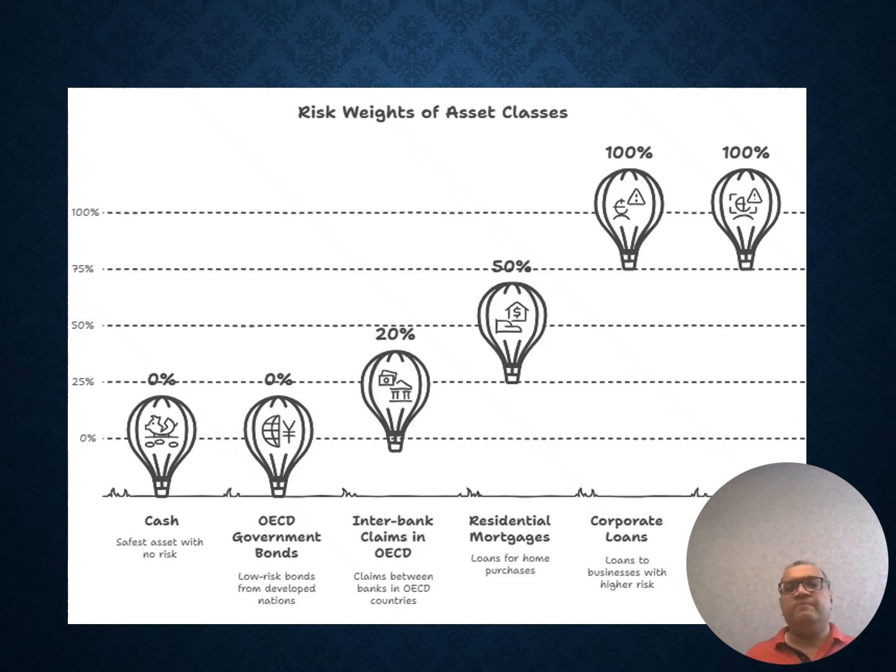For example, a bank in the United States lends $100 million to a bank in the UK, you will count 20% as risk weighted asset. That will be 20% into 100, that's $20 million, of which you will keep 8%, that is $1.6 million, as the capital. And cash on hand and OECD government bonds are 0%, they are not considered risky at all.